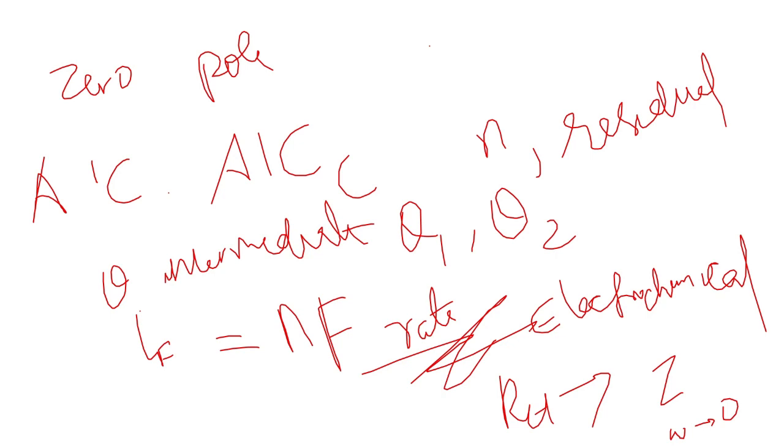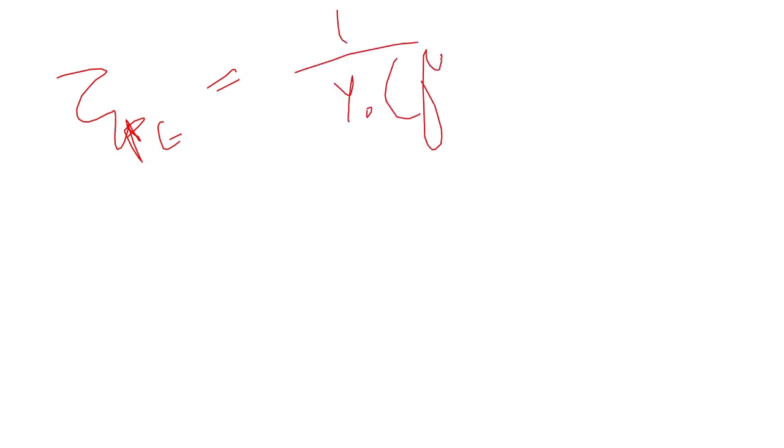In CPE, you saw why CPE happens, because of the irregularity on the surface. You saw two formulas which again you need to learn by heart, the Hsu-Mansfield and the Brug formula. Both of them can be used to find the effective capacitance. There you also need to know ZCPE equal to 1 by Y naught j omega raised to n.